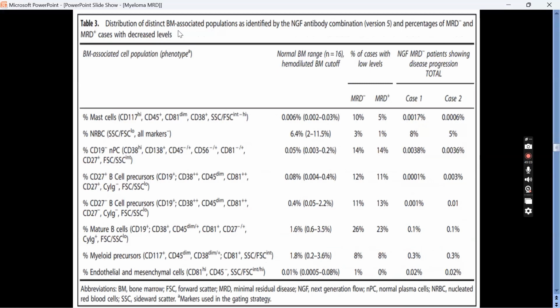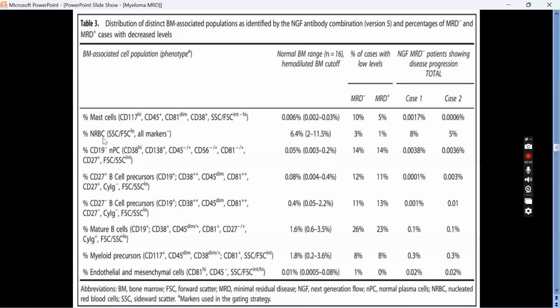So you should check whether the marrow submitted to you is not hemodiluted. They have made some effort to establish the normal range for certain marrow representative elements. For example, mast cells: they have established a reference range. When it is within this reference range, it means the marrow is not diluted. When it is lower than 0.002, that means the sample has got diluted.